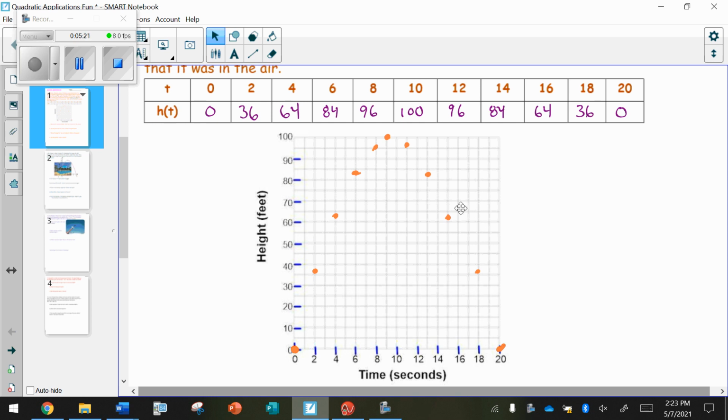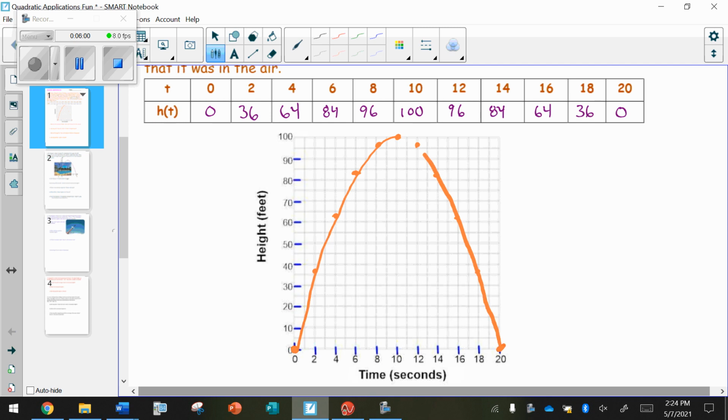Oh my goodness. 16, 14, 12, 10. Oh, that was the one. This one right here. Holy cow. There we go. Whew. Okay, so sorry about that. Even the best mathematicians make errors sometimes.